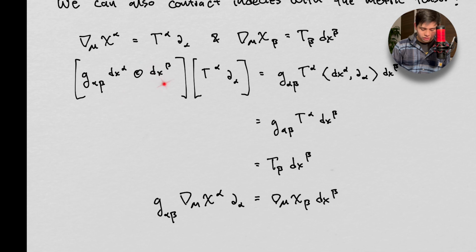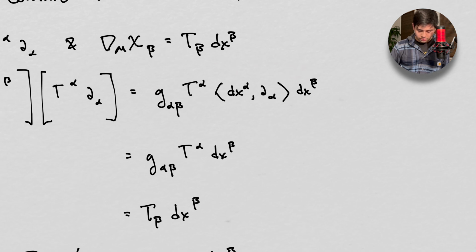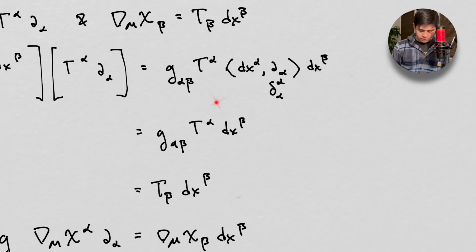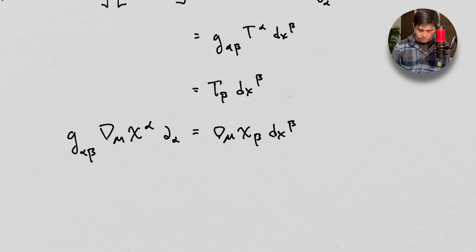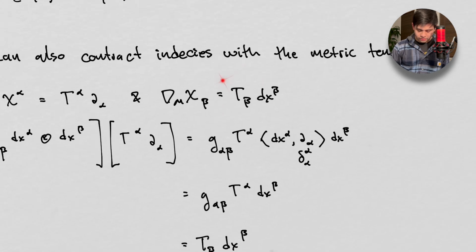But if we act on this with this, and we get this right here. Well, this here we said was alpha Kronecker delta, right? So if this is Kronecker delta, then we get this, and we get this. Okay. Well, this we said was this.